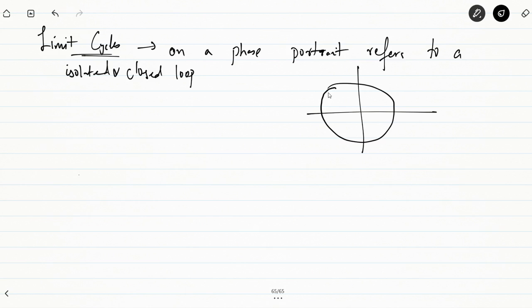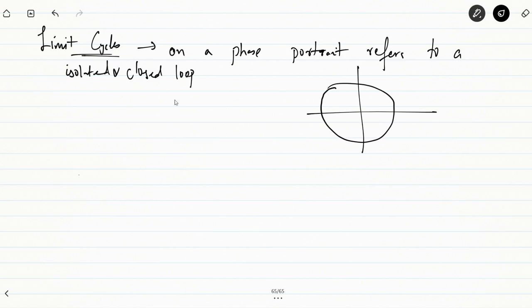And a limit cycle, as we know, for nonlinear systems we define as sustained oscillations of fixed magnitude and fixed frequency. So now we have to define whether a limit cycle is stable or unstable or marginally stable. So you can have all the three.